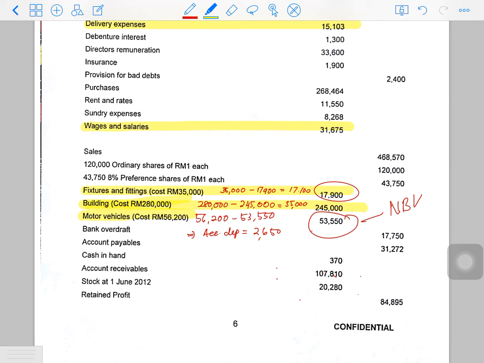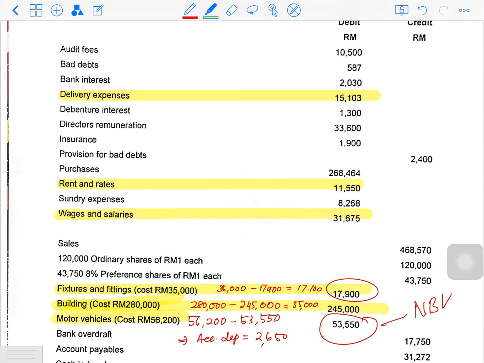Rent and rates is 11,550, minus 200. Rent and rates will be under administrative.